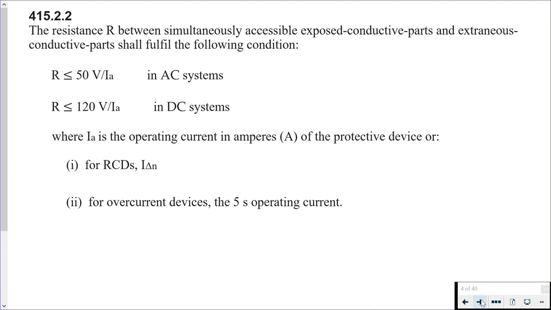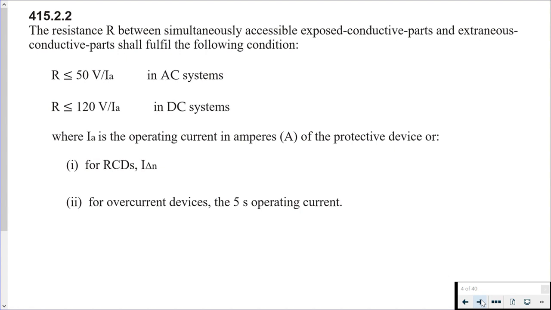For the best part of 24 years, we ran with "where doubt exists" when it came to testing for supplementary protective equipotential bonding. As a result, not a lot of supplementary protective equipotential bonding actually gets tested out there in the real world. So it has been reconstituted back to its original version.